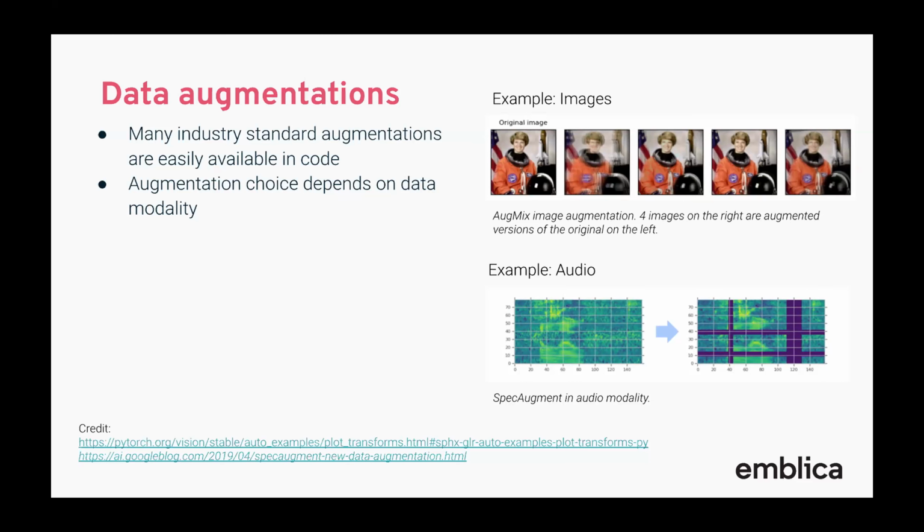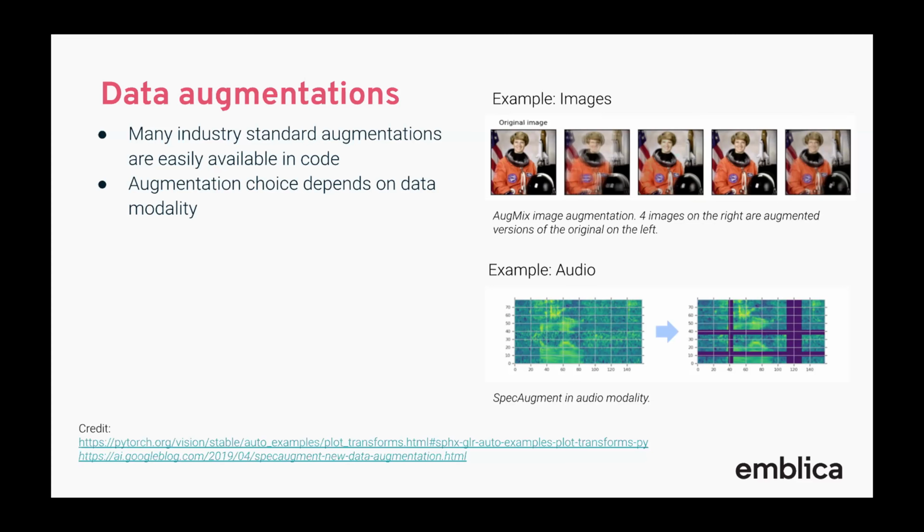In the image domain, for example, blur, flipping the image around, rotating the image or changing the colors a bit makes the model generalize to different pictures of the same astronaut in practice. While in the audio domain, you have to think a bit differently.